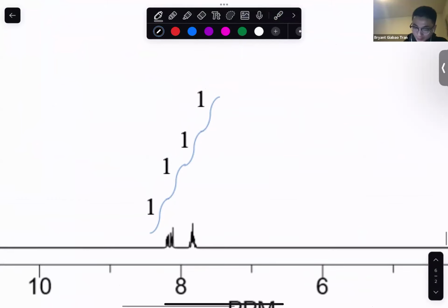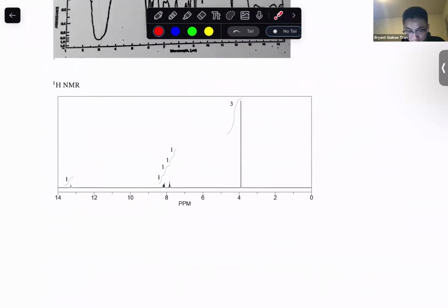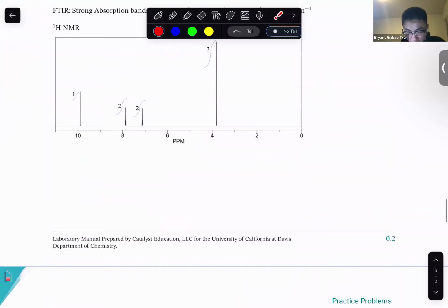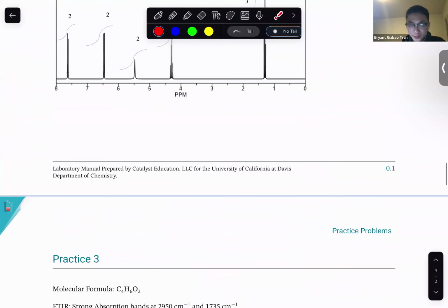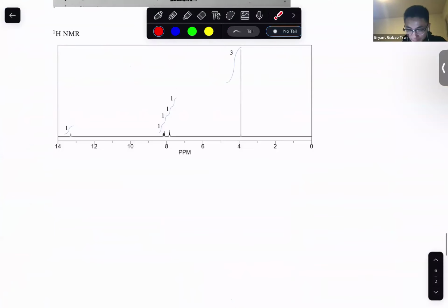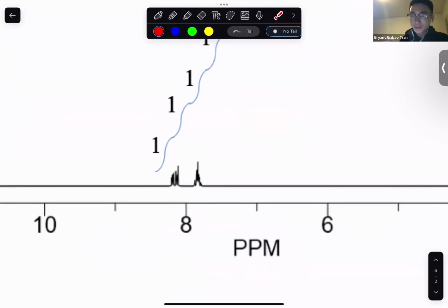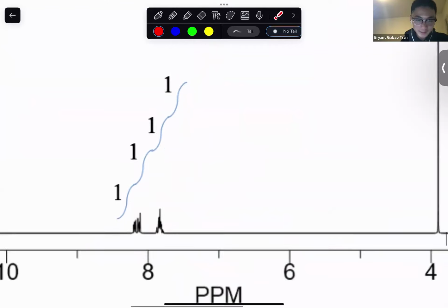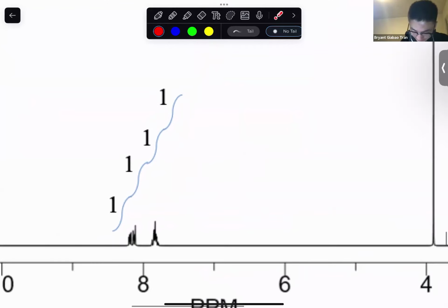Right, right. This one right here is really hard to read because these lab questions were repeated from previous quarters as well. So you're right, in the meta position between two groups, there should be a singlet around here, but it's really hard to see the singlet peak here.